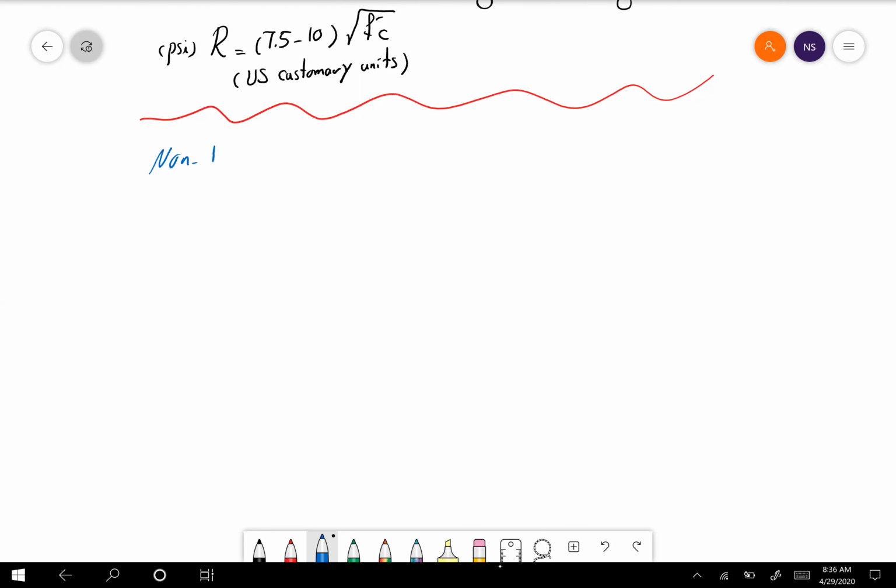The reason we call these non-destructive is that, for example, if you have a concrete slab or structure where the concrete is already poured, cured and placed, then for quality control you need to take a cylindrical core out of the finished concrete, and you're basically destructing the concrete surface to take a sample.